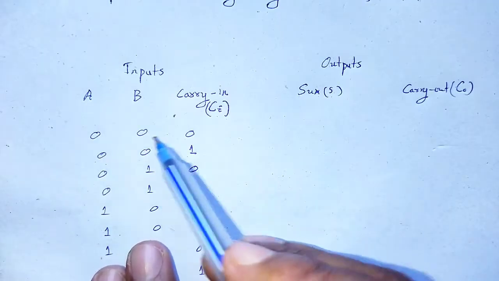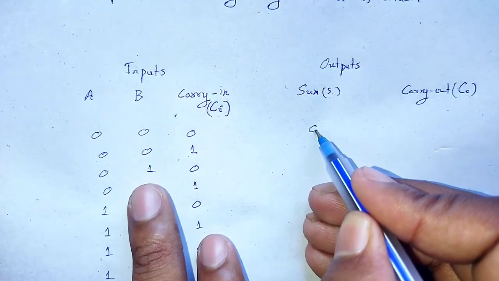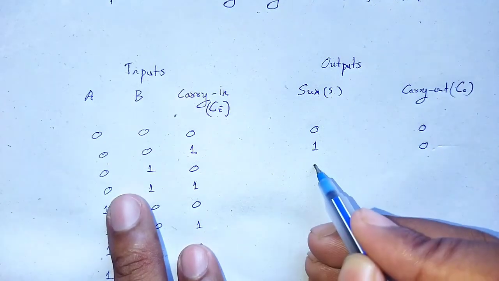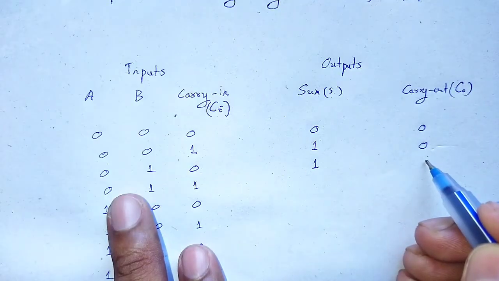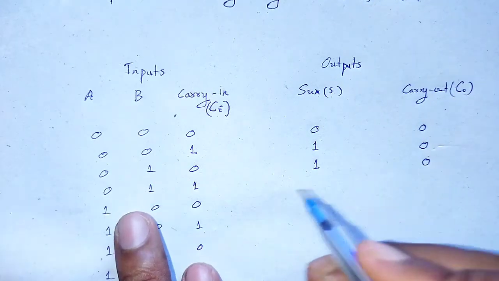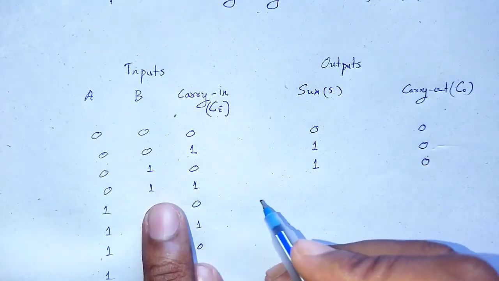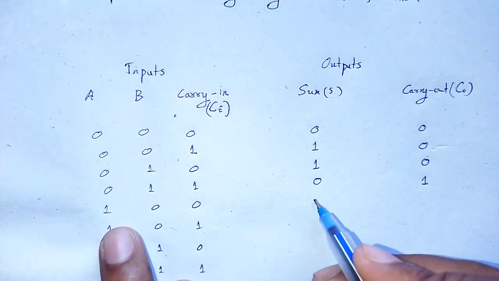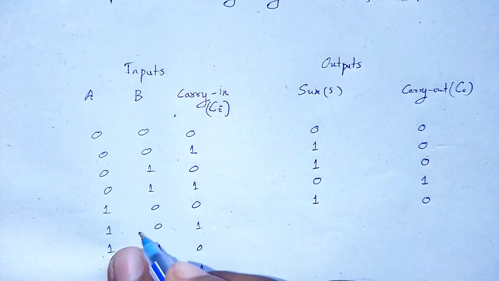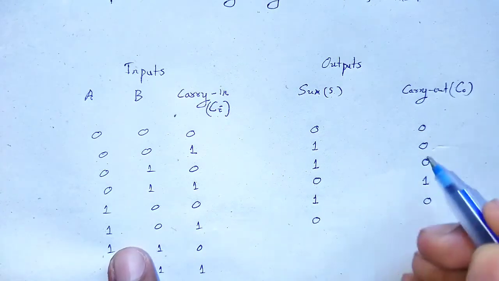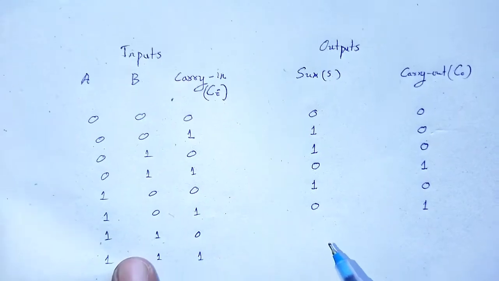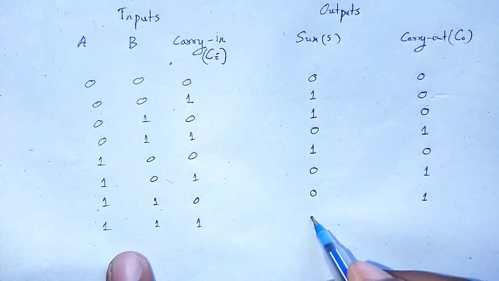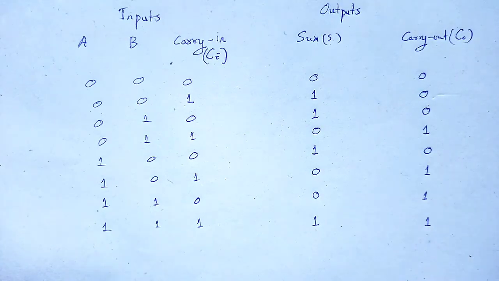So the sum will be 0, carry 0; sum 1, carry 0; sum 1, carry 0. Here 0 1 1 gives sum 0, carry 1. Here sum 1, carry 0. Here 1 1 gives sum column 0, carry column 1. Same, sum column 0, carry column 1. Here in the sum column 1, carry column 1.